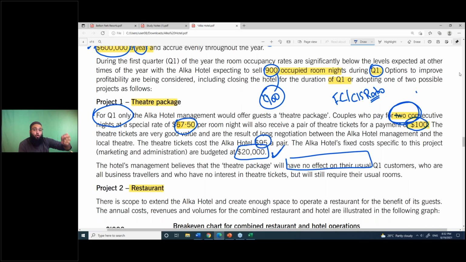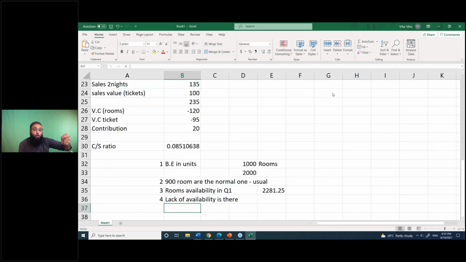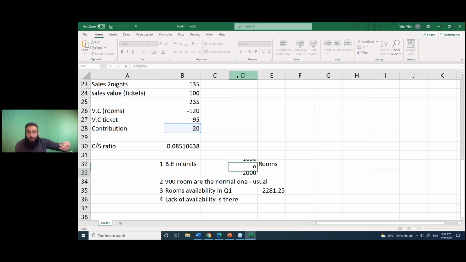Okay. How was 1,000 calculated and how was 2281? Okay. Let me explain this again with the calculations as well. See, listen. You can see here that 20,000 is your fixed cost for this theater project. And I'll divide this with contribution per unit, right? So I'm getting the answer of 1,000.